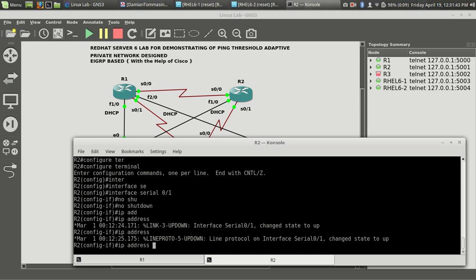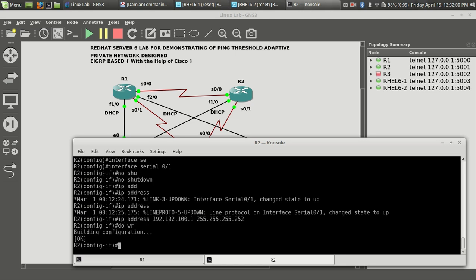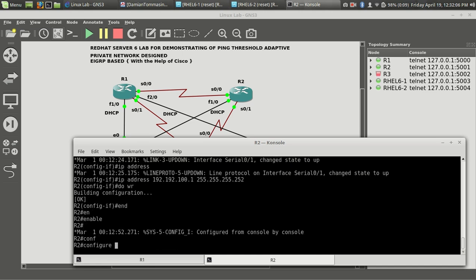I'm going to give this IP address as 192.100.1 with a 30-bit subnet mask. Okay, I have configured all the ports. My next step is to configure the protocol.